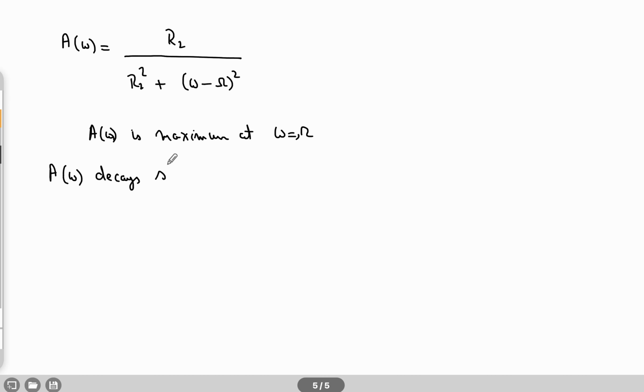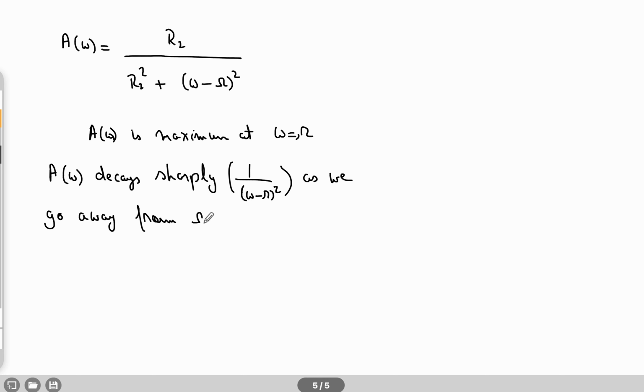decays sharply. When I say sharply, I mean by 1 over (omega minus omega) squared as we go away from offset.